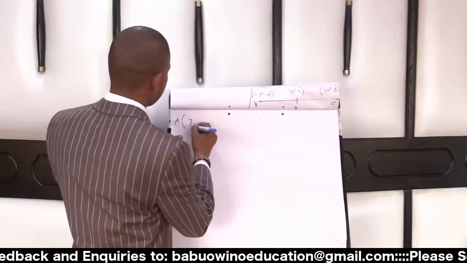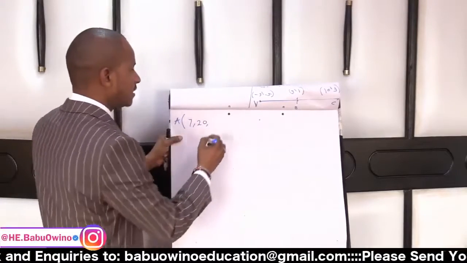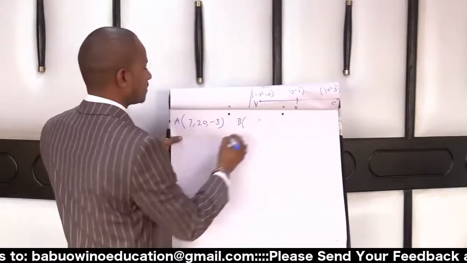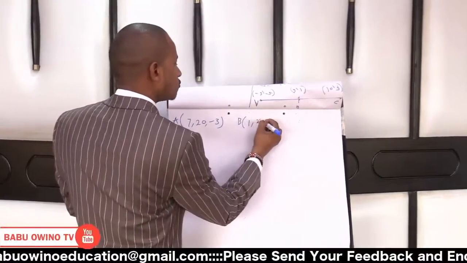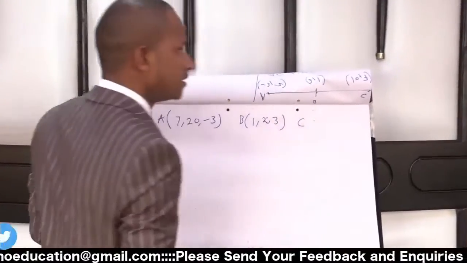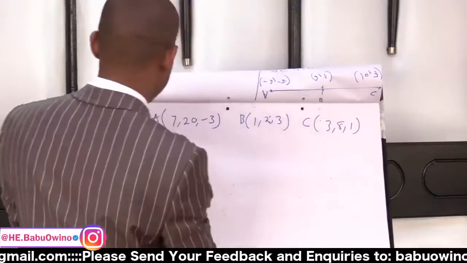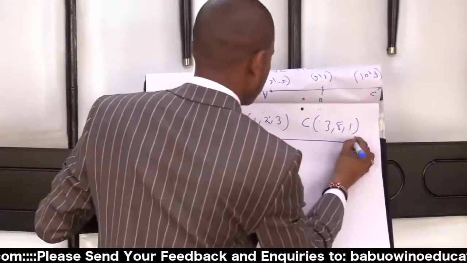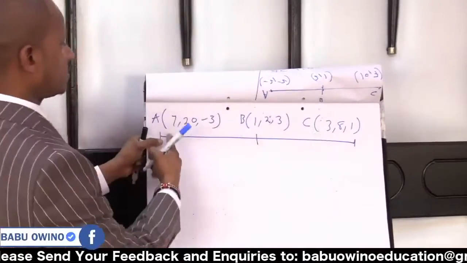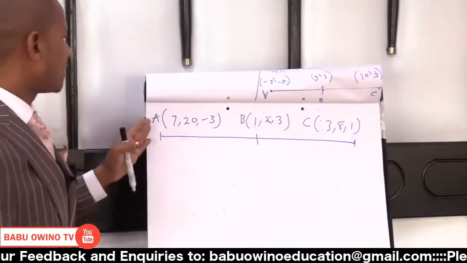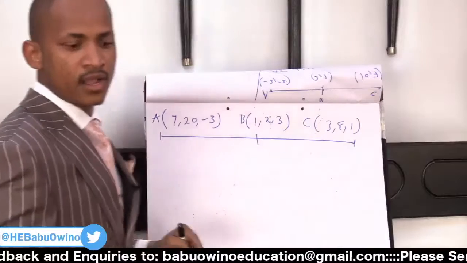Point A is (7, 20, -3), point B is (1, 2, 3), and point C is (3, 8, 1). Prove that the line A, B, C are collinear.